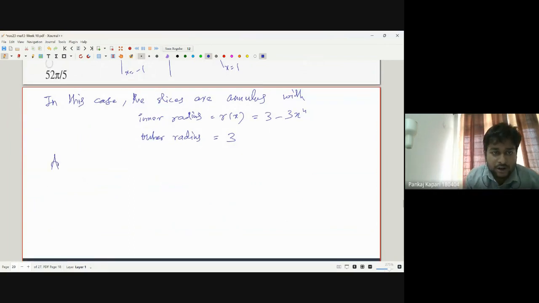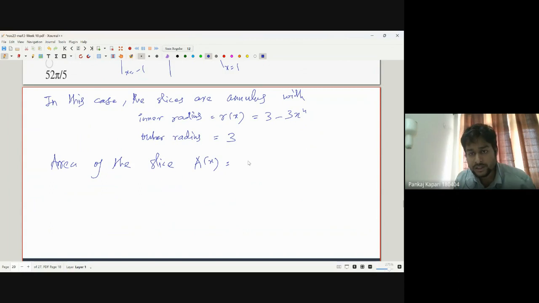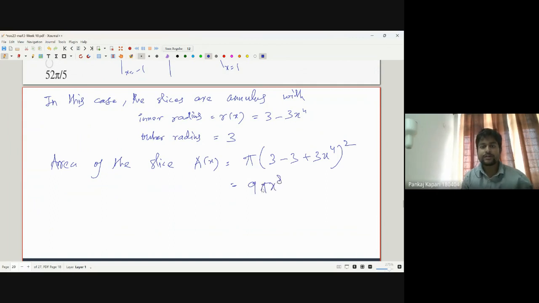So what is the area of this washer, or area of this slice as a function of x? This is just pi times outer radius, which is 3, subtract inner radius. So you get 3 plus 3 times x to the power 4, and then square. So you have again 9 pi x to the power 8.